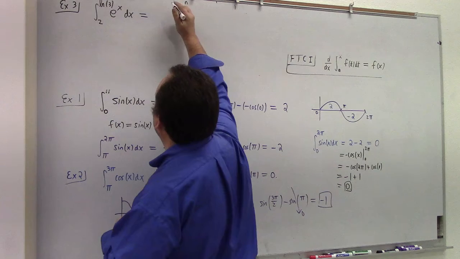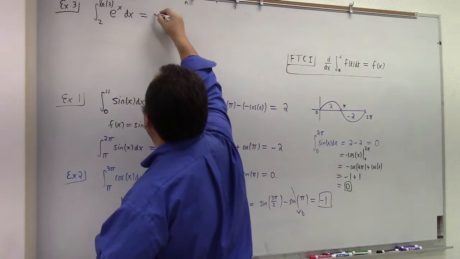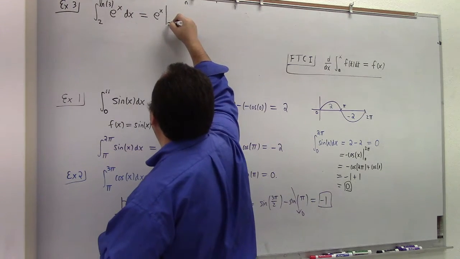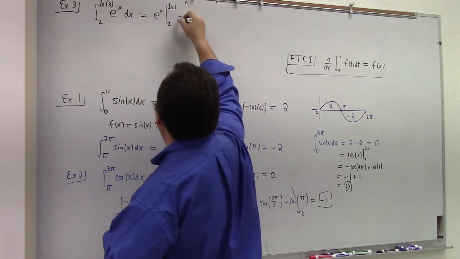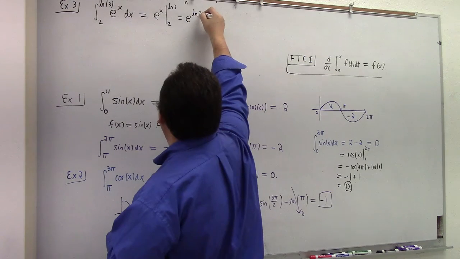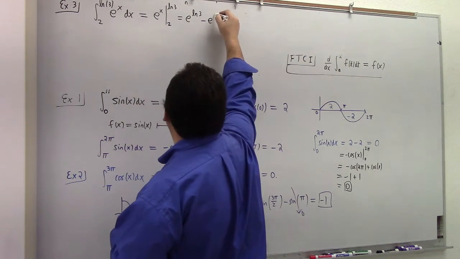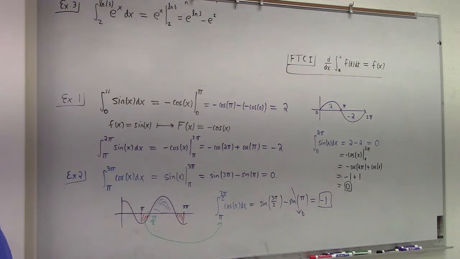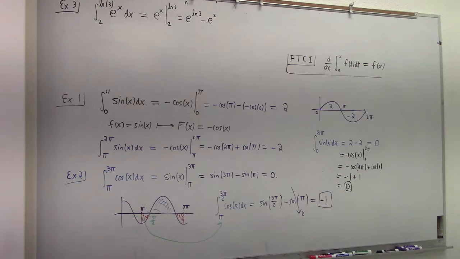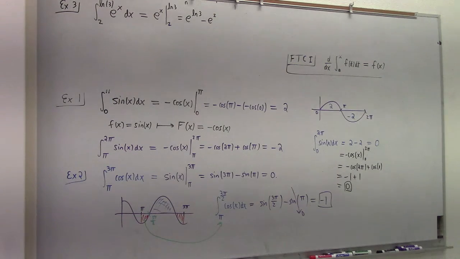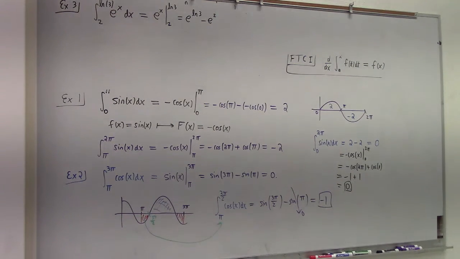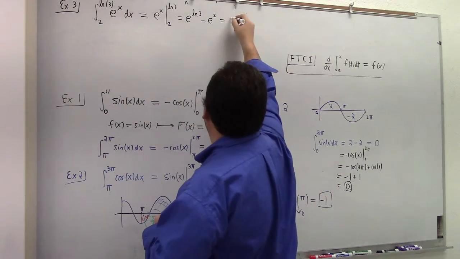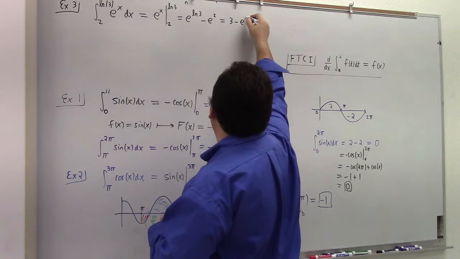The antiderivative of e to the x is e to the x again. So we get e to the log 3 minus e to the 2. And what's e to the natural log of 3? It's just 3 again. So we get 3 minus e squared.